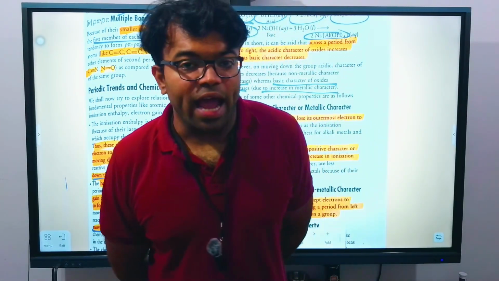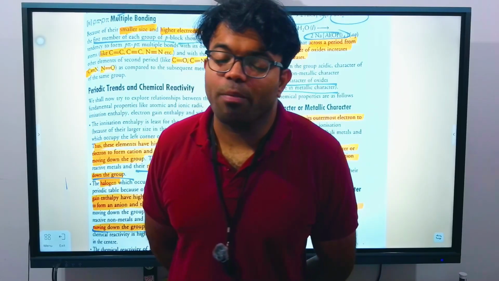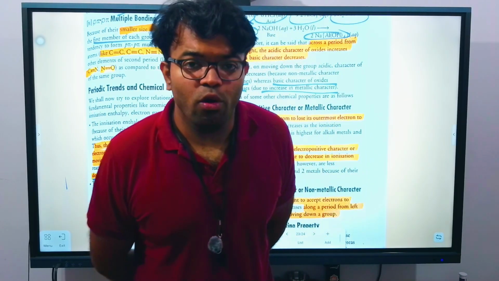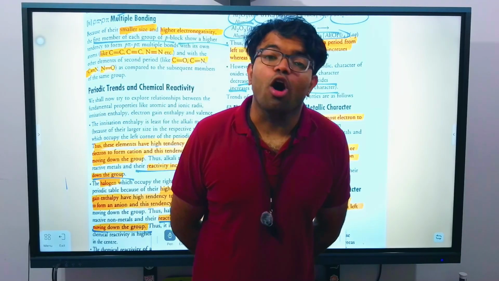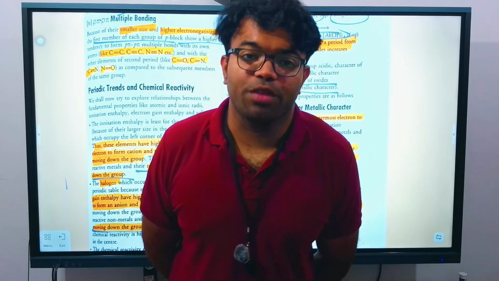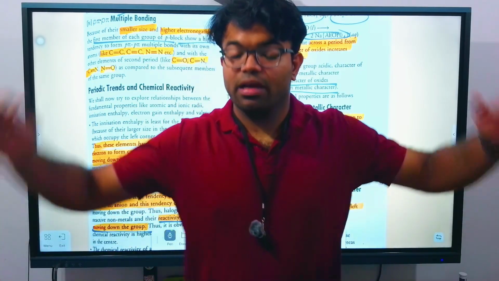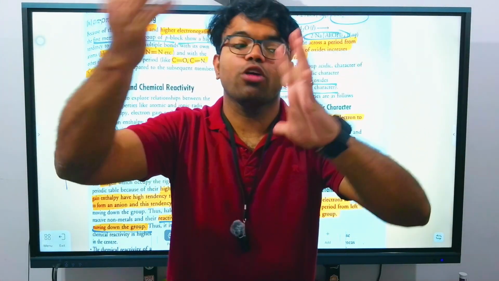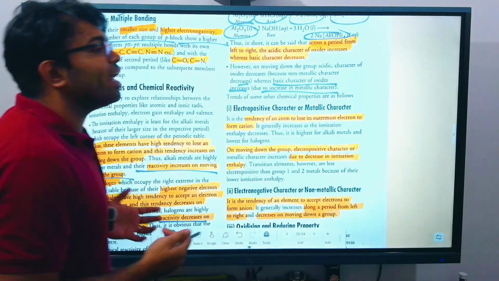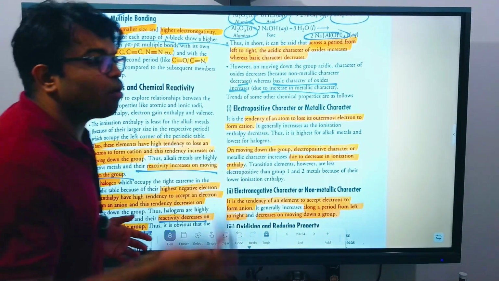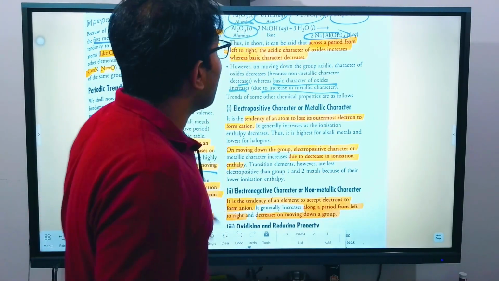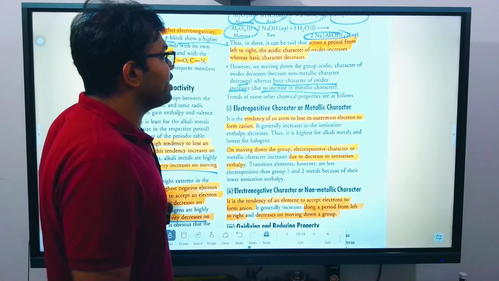Now, Drupad, I have told you that as we go from top to bottom, the metallic character actually increases, whereas when we go from the bottom to the top, the non-metallic character increases, right? And if your non-metallic character is increasing when you're going from the bottom to the top, what ends up happening? Look at this, that's what they are saying here.